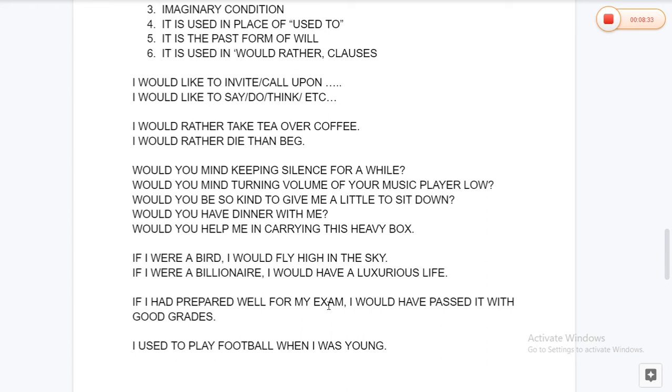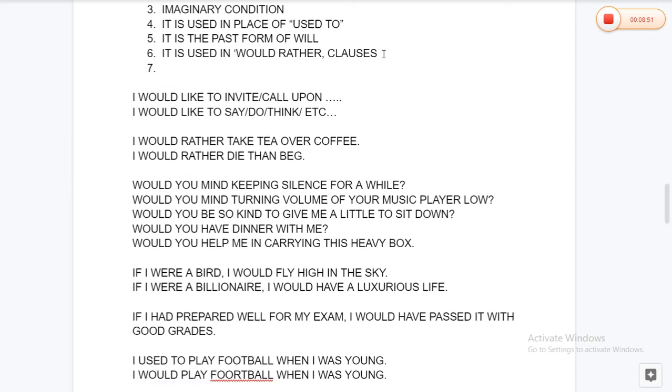Then you will rewrite the sentence: I would play football when I was young. So here we have a seventh use which says past habit. If you had any habit in your past and you are referring to it, you will use would to refer to the past habit.